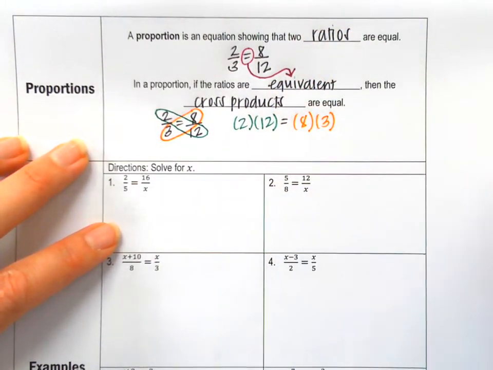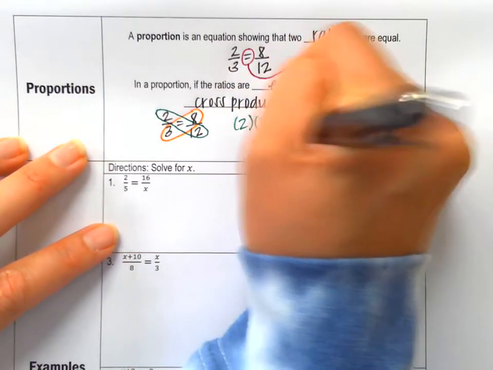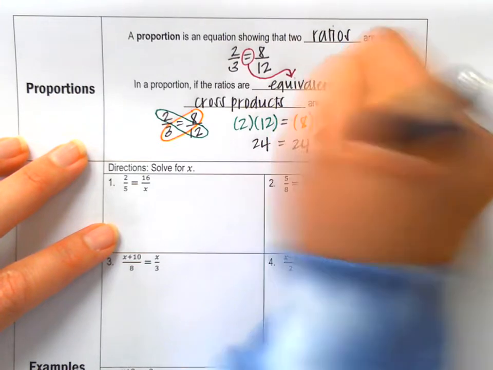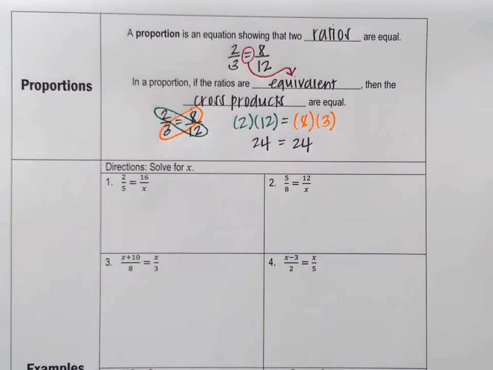Now let's see if those equal. 2 times 12 we know is 24, and 8 times 3 is 24. That works out. So this statement helps us to solve proportions when there's a variable involved, just like there is in 1 through 6.